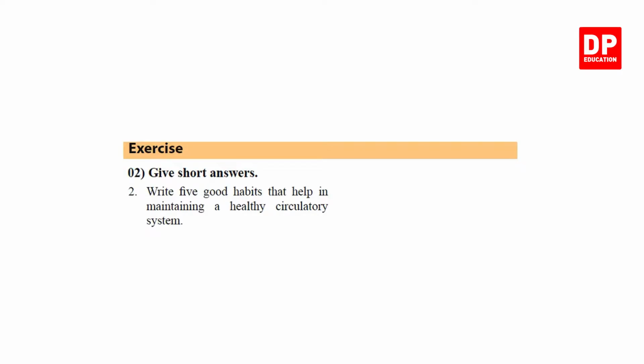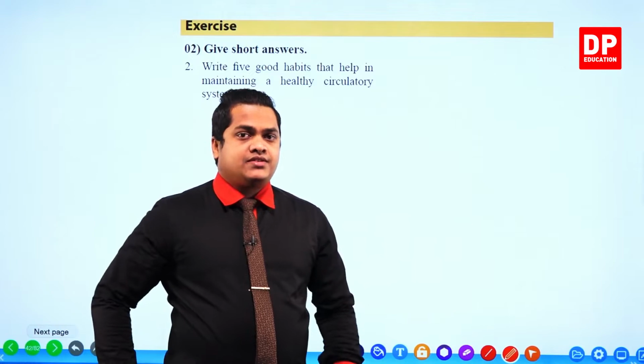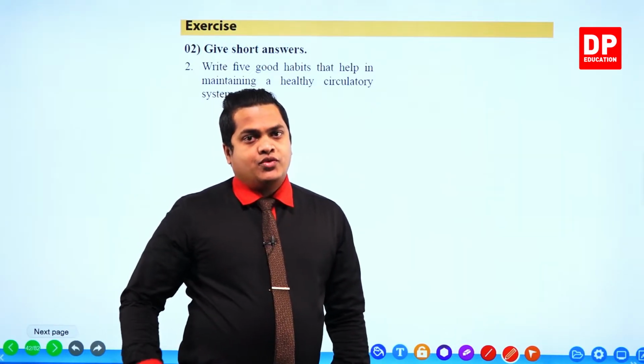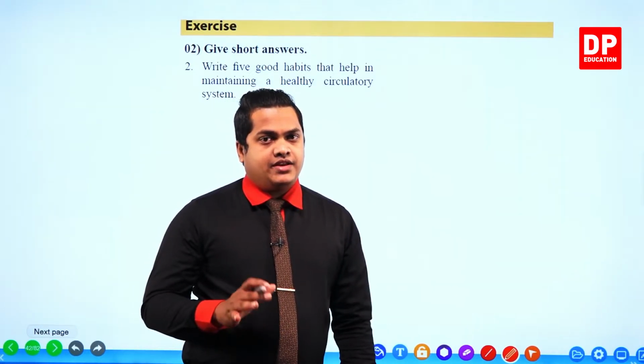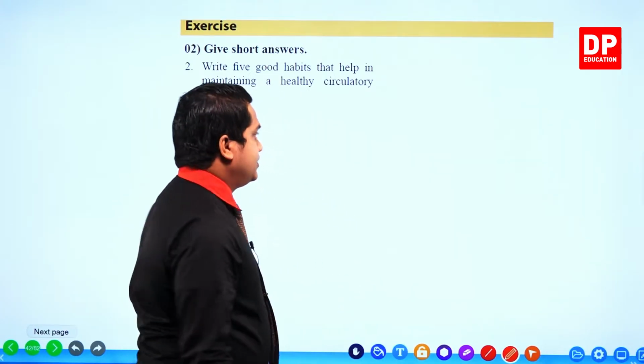5 good habits that help in maintaining a healthy circulatory system. So you have to write down 5 good habits that we need to follow in maintaining a proper and good circulatory system.